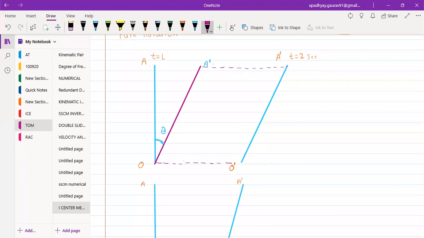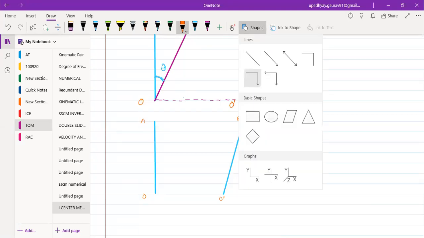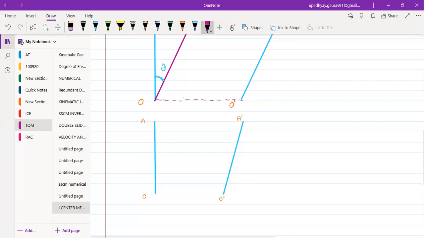Yes, sir. And the second situation, which we can say, is that it has translated through that distance initially, then it has moved through that angle. Yes or not?